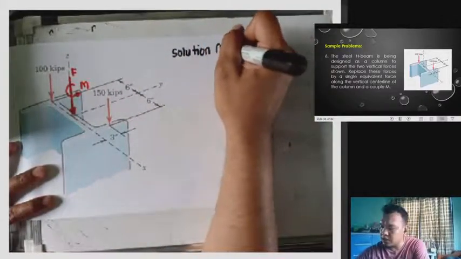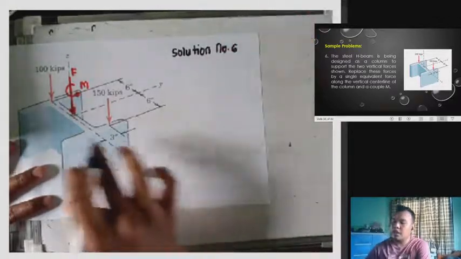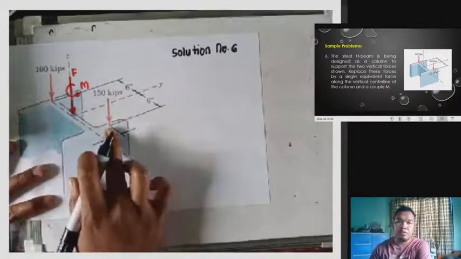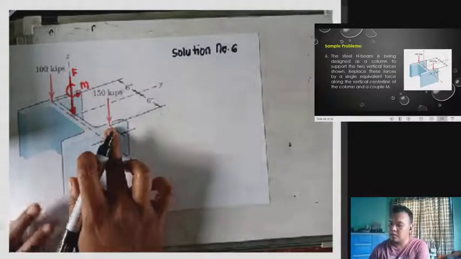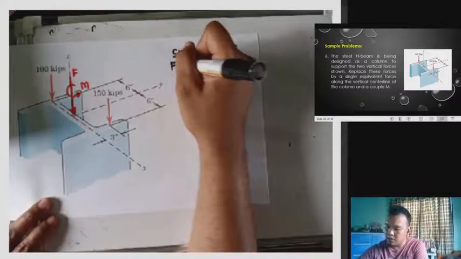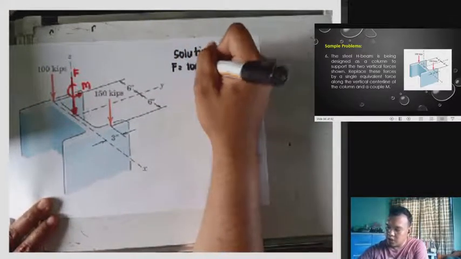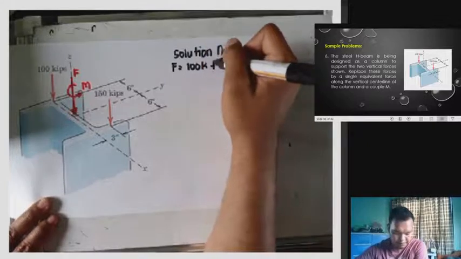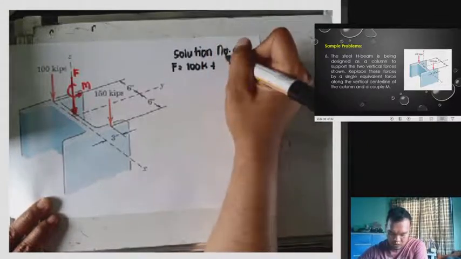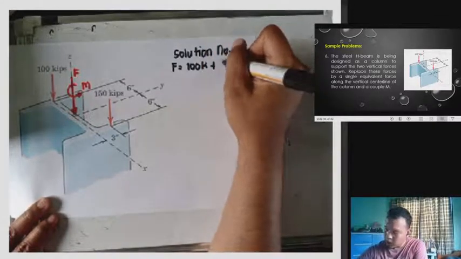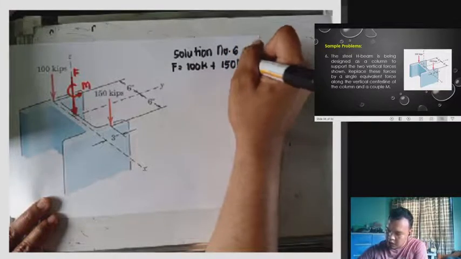Number 6. So we have here, to get the value of F, just add the total forces. F is equivalent to 100 kips plus 150 kips.